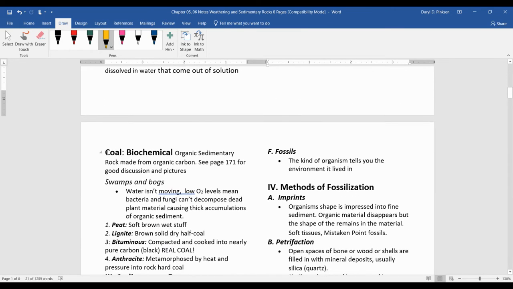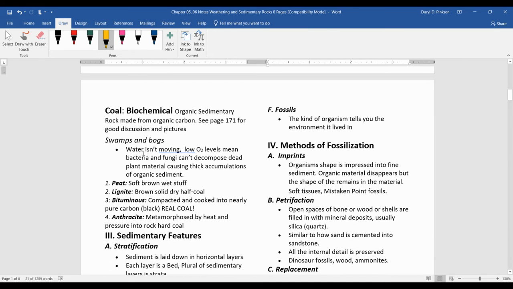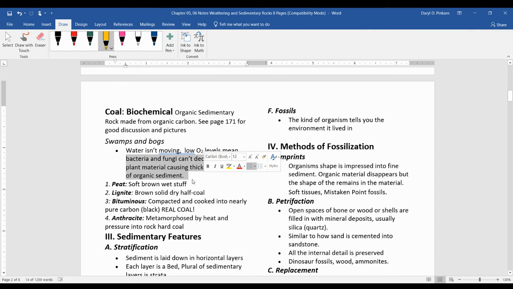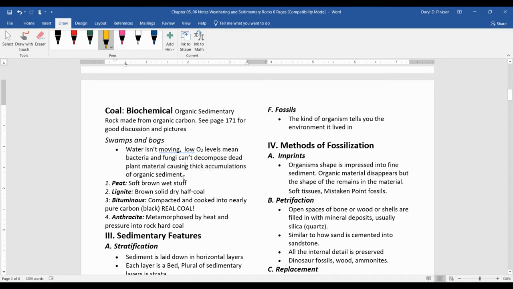We also have coal, which is a biochemical sedimentary rock, and that originates in swamps and bogs where oxygen levels are low, which means that decomposition doesn't work very well. And where decomposition doesn't work, all of this organic material will end up building up.